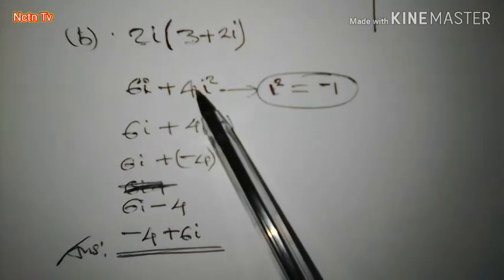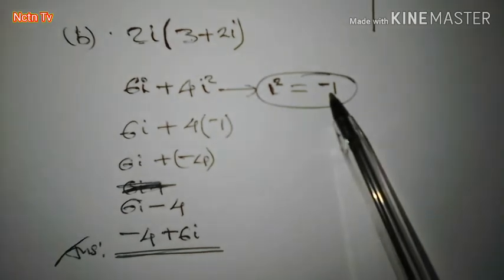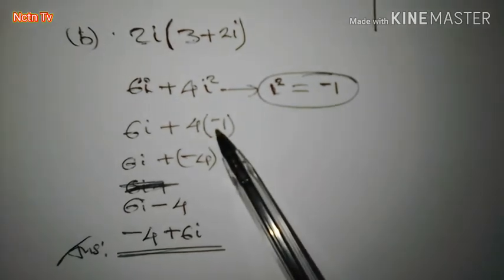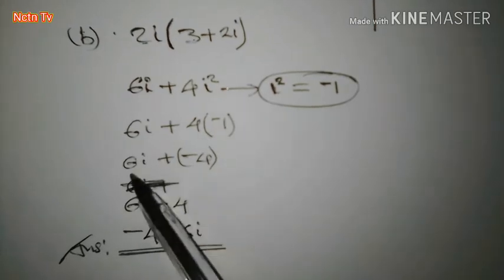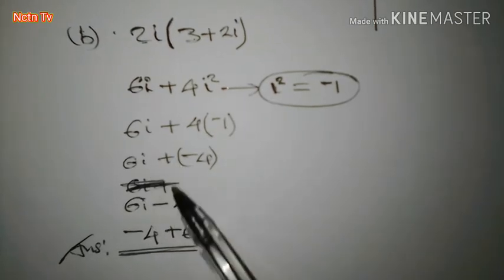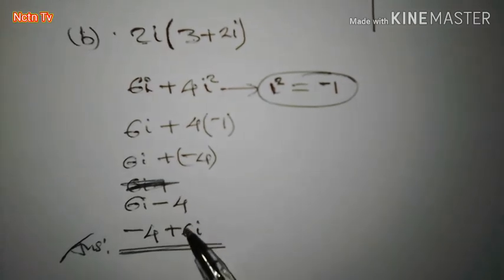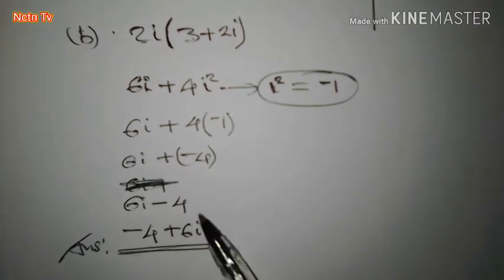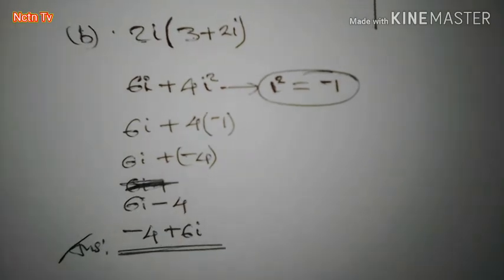Then from here we realize that this one squared is going to give us -1, so we replace it by -1. Then we just arrange this in the form a plus bi, so that it suits the form of complex numbers. This is the answer.